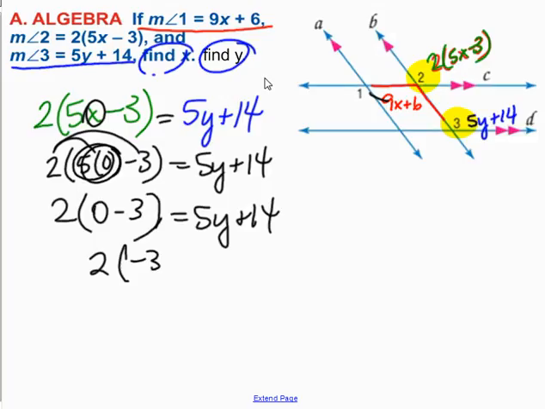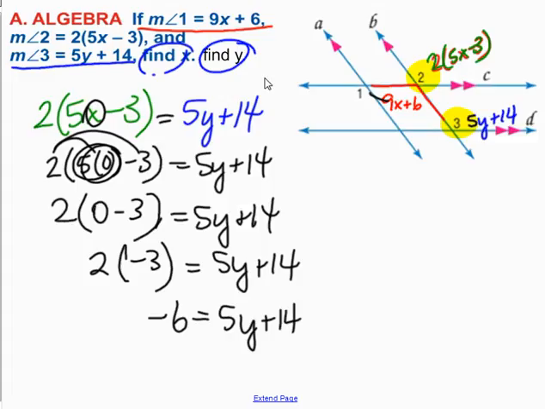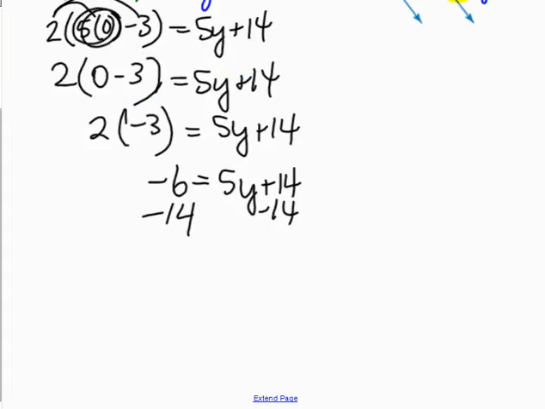So 0 minus 3. So then it becomes 2 times negative 3 equals 5y plus 14. This is negative 6. I'm going to subtract 14 from this side. So I end up with negative 20 equals 5y. And then I do the division, and I get negative 4 equals y.